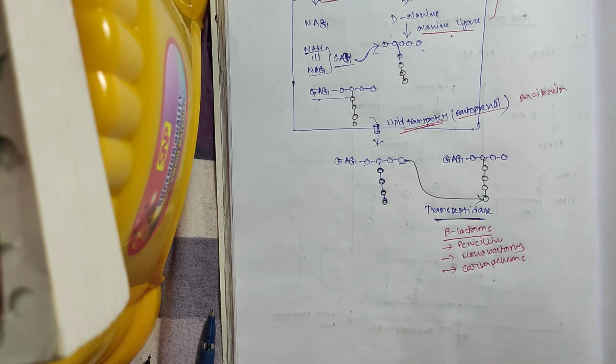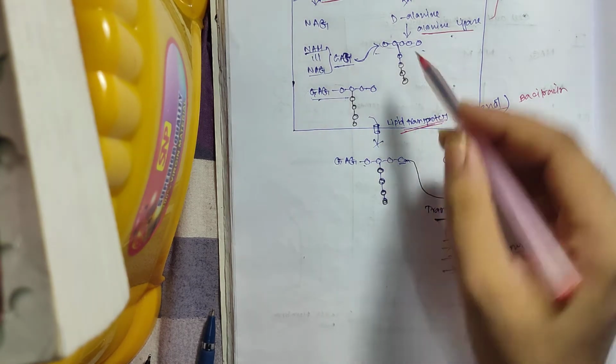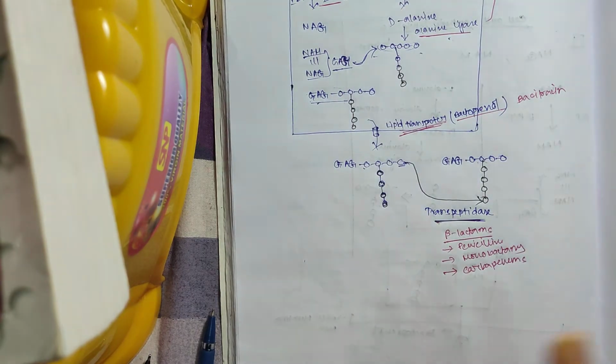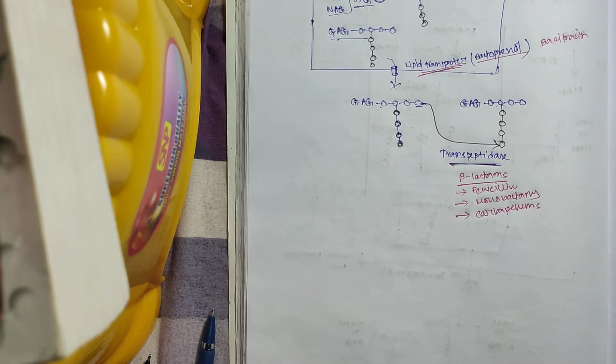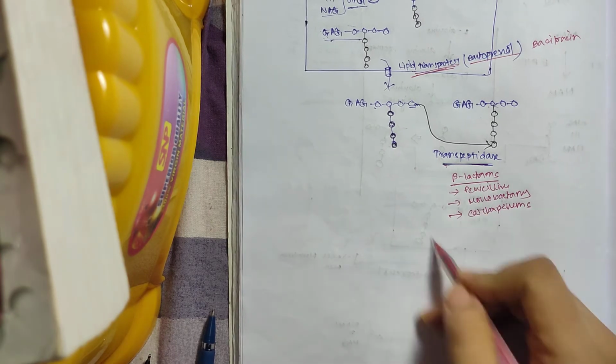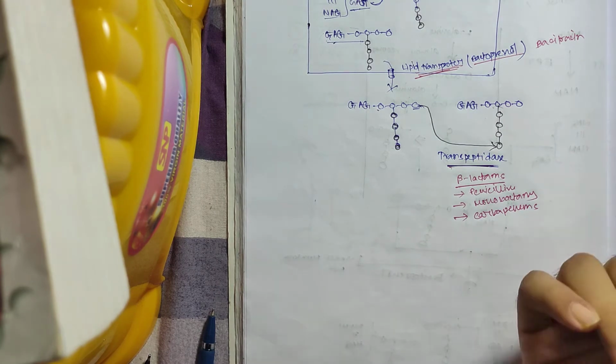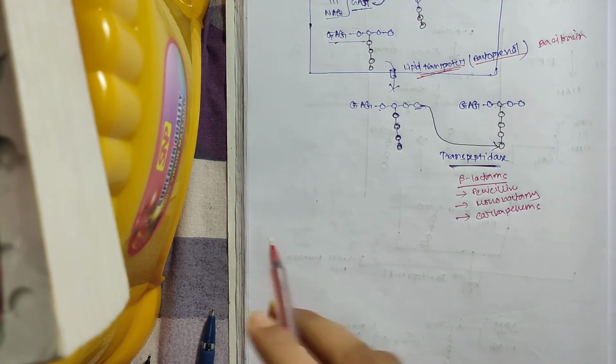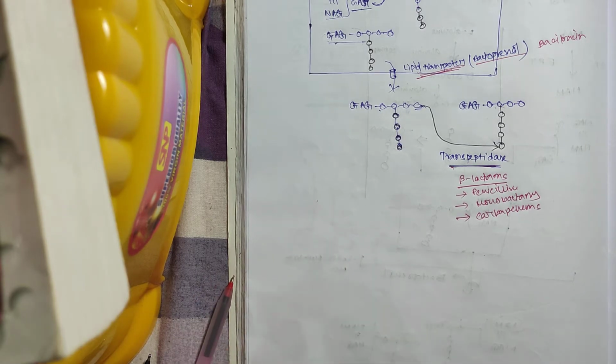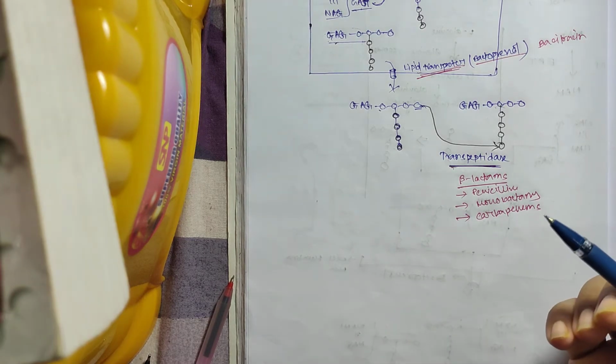Now we will be discussing individual drugs, right? Suppose these are not active, I mean bacteria have made resistance against these antibiotics. Now what happens if there is resistance against the antibiotics which act on cell wall synthesis?